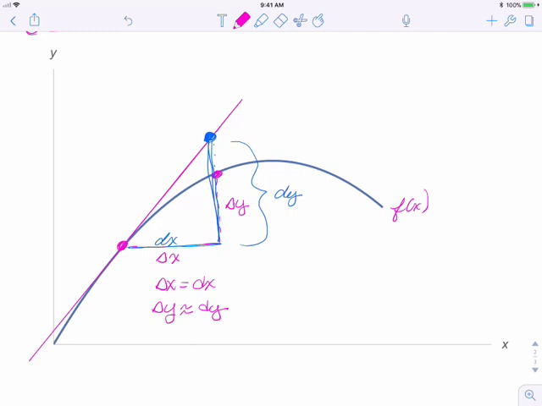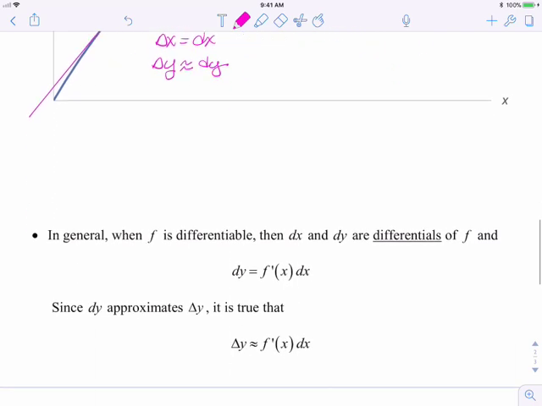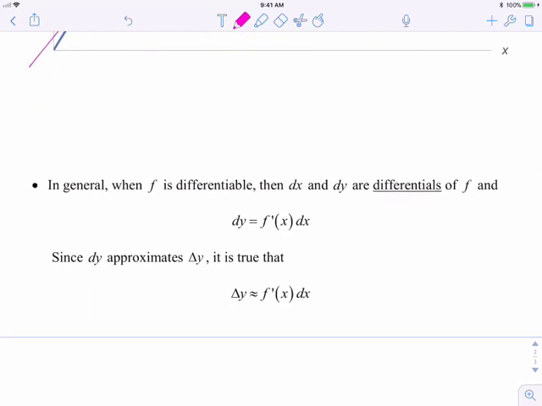And so dy and dx are what we call differentials because they show us approximate changes in both x and y. What's really neat is that in general, when f is differentiable, dx and dy are differentials of f, and dy is equal to f prime of x dx. That's not a profound thing because we know that dy/dx and f prime of x mean the same thing.